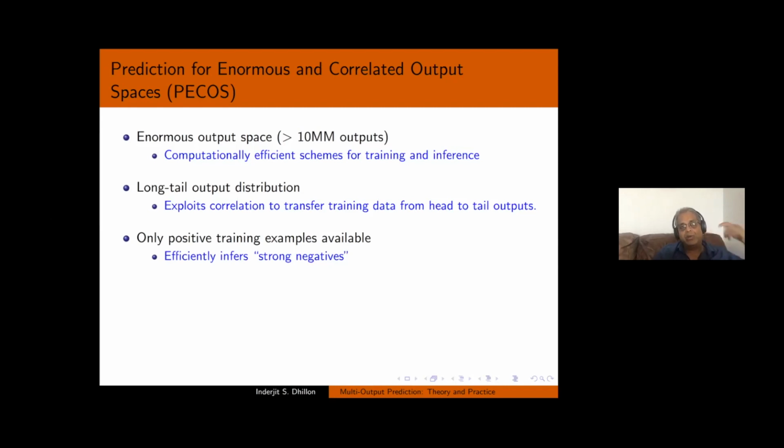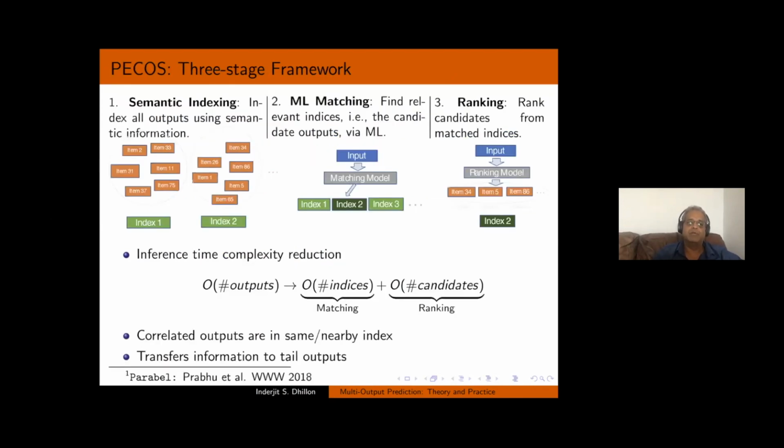So when we were thinking about our problems, we said, okay, can we look at that same kind of 3-phase framework for our problems? So that's what PECOS does. It organizes this machine learning problem into 3 stages. In the first stage, we do a semantic indexing of the outputs or the labels.